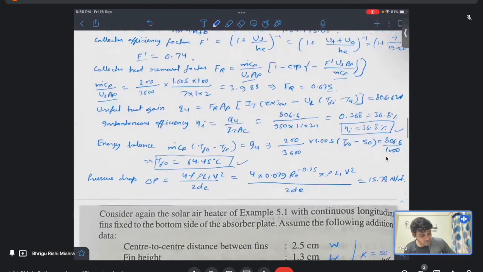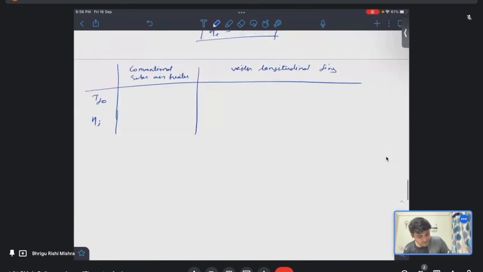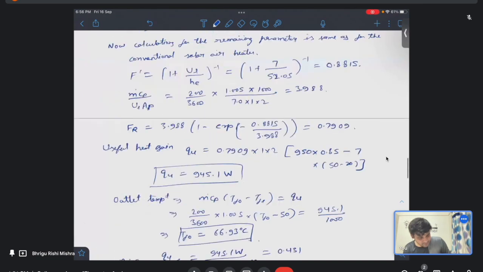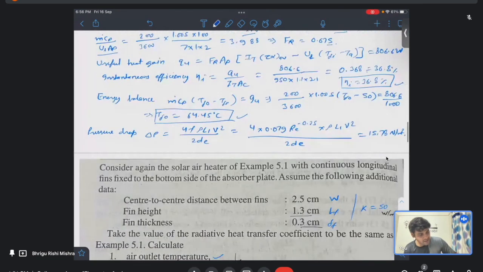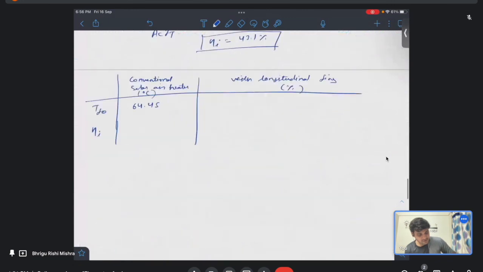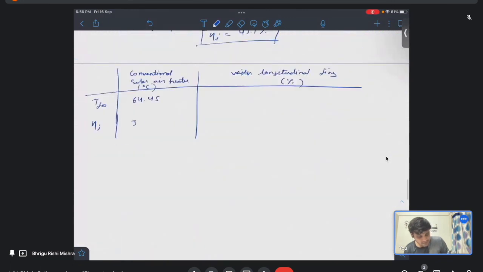In case of the conventional one, TFO is 64.45, this is in degree centigrade, and eta is 36.8%, in percentage.